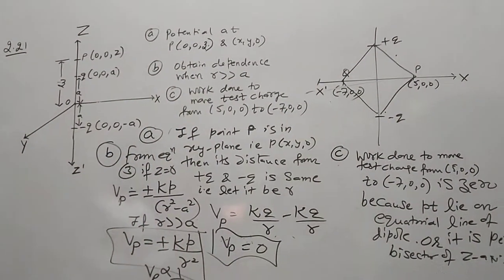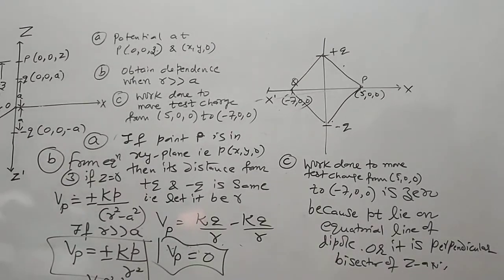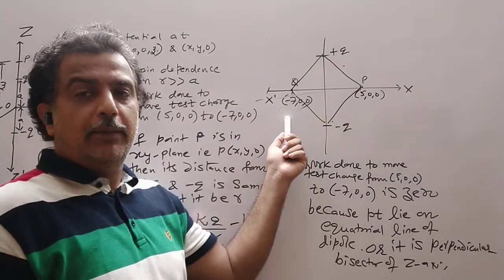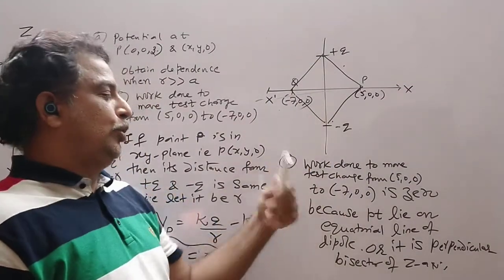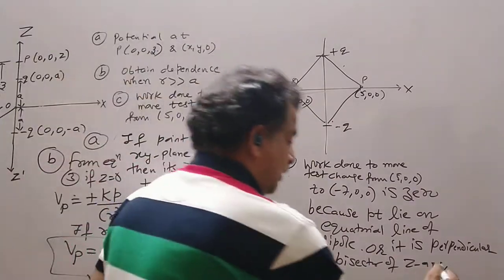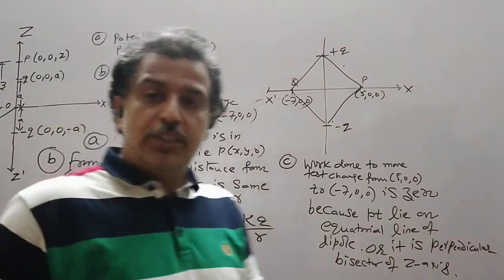So in this case the work done comes out to be 0, because either you say this x-axis is the equatorial line of a dipole, or you can say it is a perpendicular bisector of the z-axis. In any situation the work done is 0.